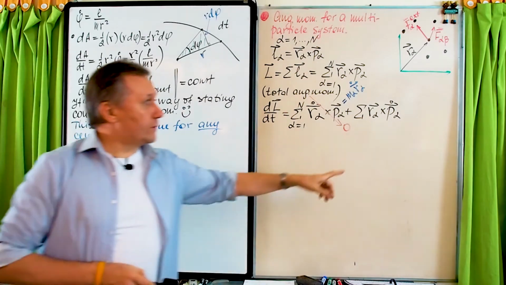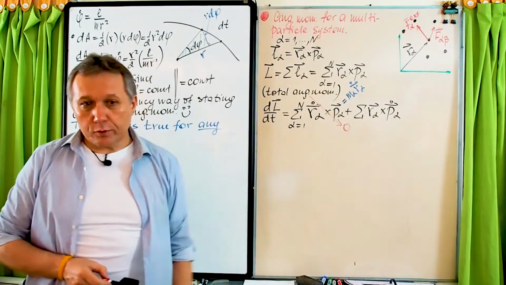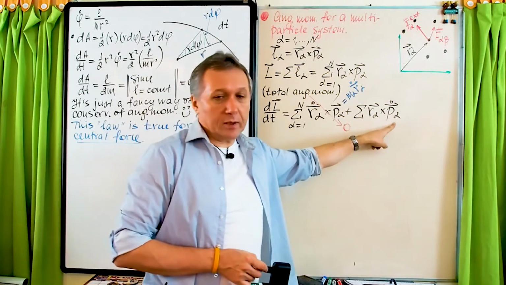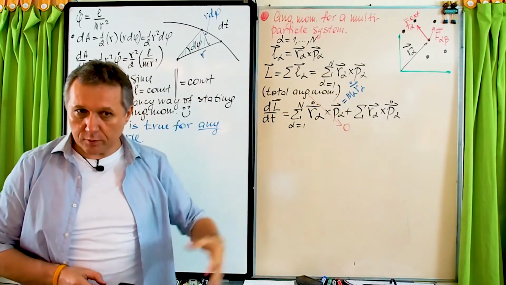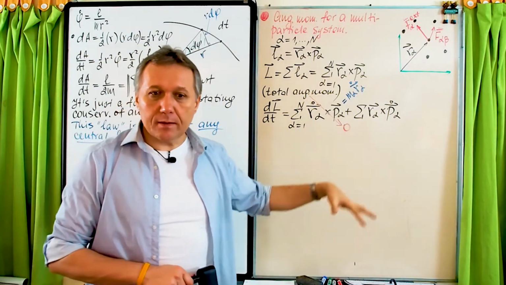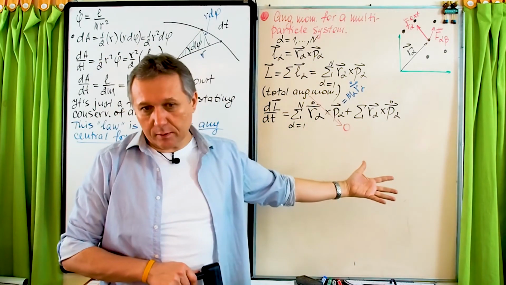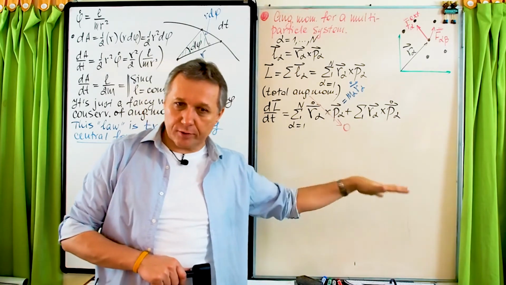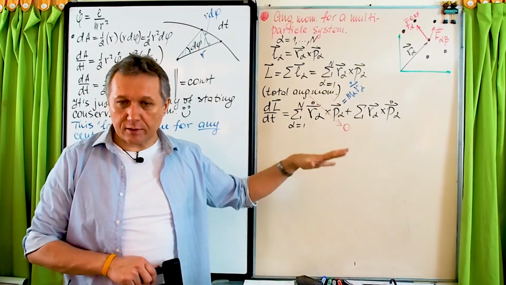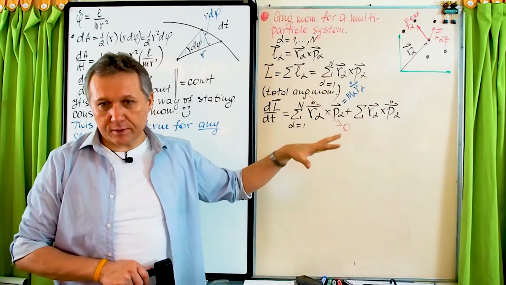And over there, of course, I want to use Newton's second law. For the rate of change of the linear momentum of a single particle, we can use Newton's second law. And once we use that, the results are going to be restricted only to inertial reference frames. So now let's assume that our reference frame is inertial.